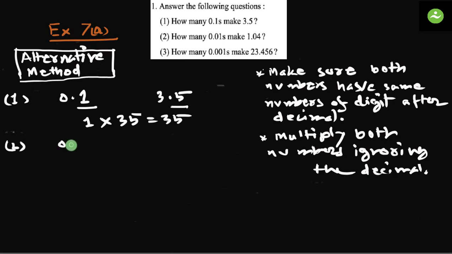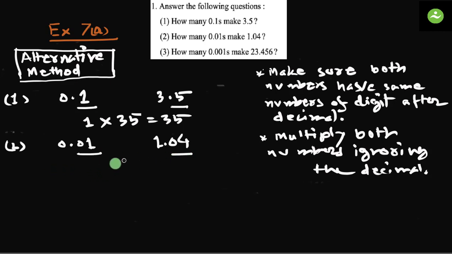Now bracket 2. The numbers are 0.01 and 1.04. First we check how many digits after the decimal: 2 and 2. Yes, so it's okay.